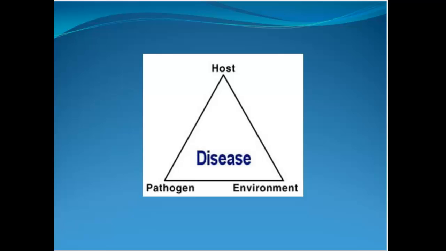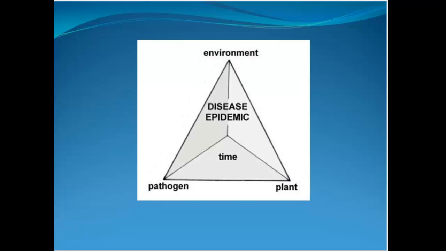This was known for decades and decades and was largely the model, and it has since changed because we also have to include timing. The environment, pathogen, and plant all have to be at the correct timing for disease to occur. For example, we may have a particular disease that causes a fruit rot, but we may manipulate our planting time so that when the pathogen is present is not the same time as when the fruit is present, so that the timing becomes off.